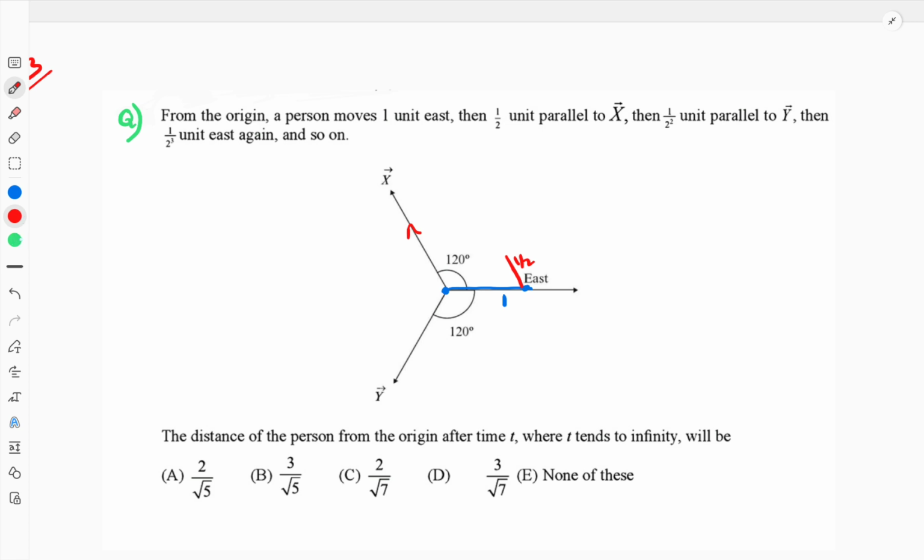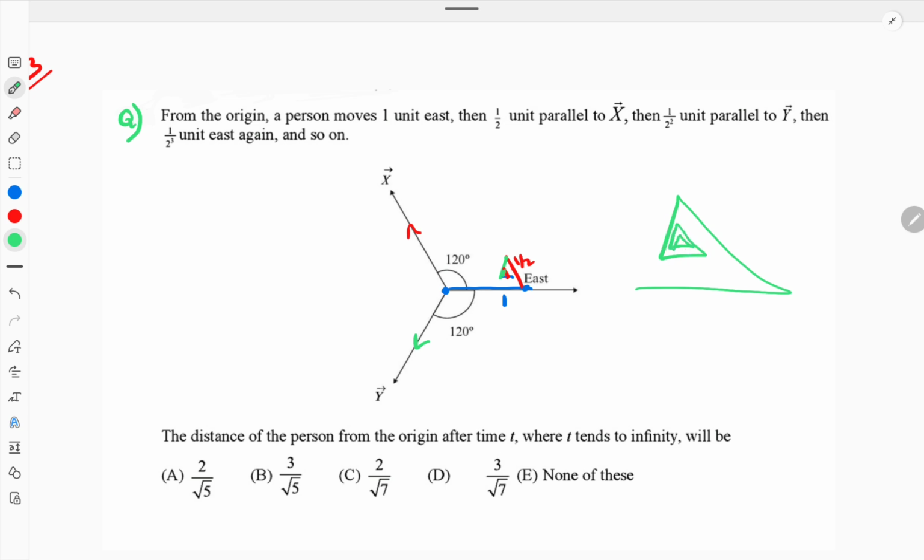And then he moves 1 by 4 units parallel to y bar, like this. Again, he continues moving like that, 1 by 8 units, and then 1 by 16 units, and so on. This will keep on continuing. It is something like a spiral.